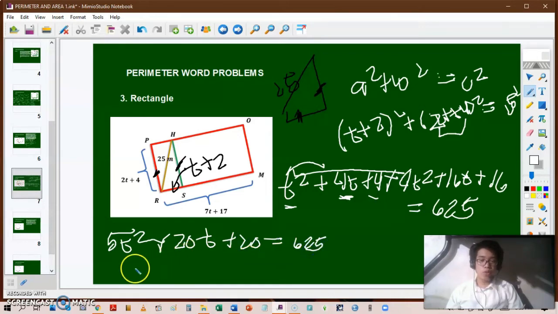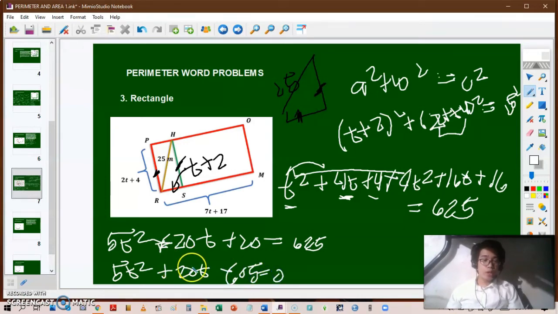So we're going to close in and solve for the value of t. So that's going to be 5t squared plus 20t minus 605 is equal to 0.